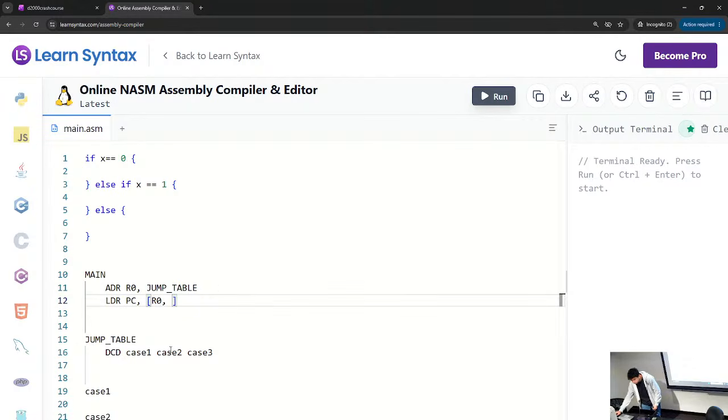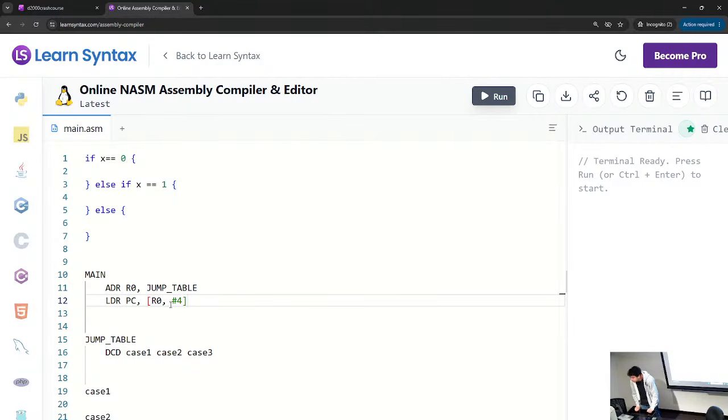Let's say we want to do case 2. How much do we need to offset from case 1 to case 2? How many bytes does it take to go from one DCD to the next DCD? 4 bytes. So we can do something like this.